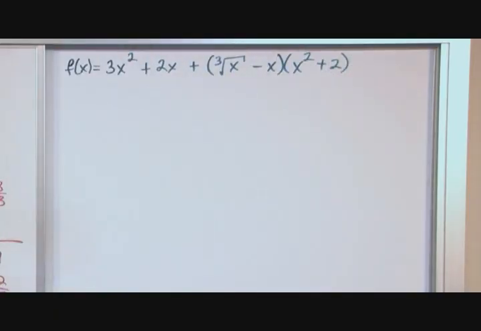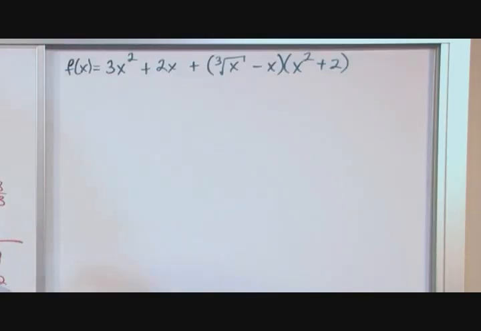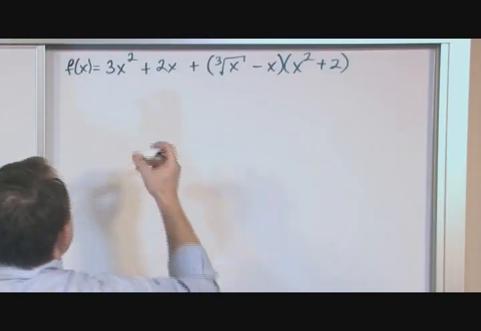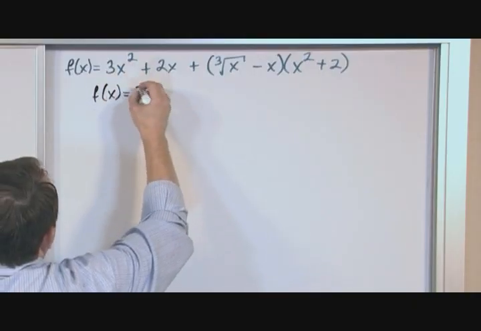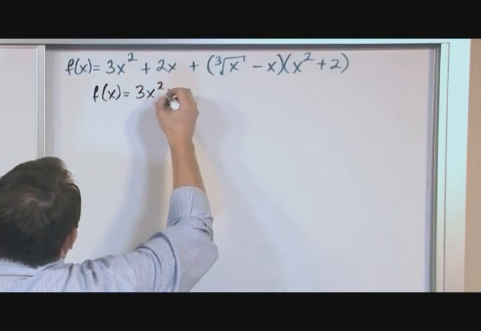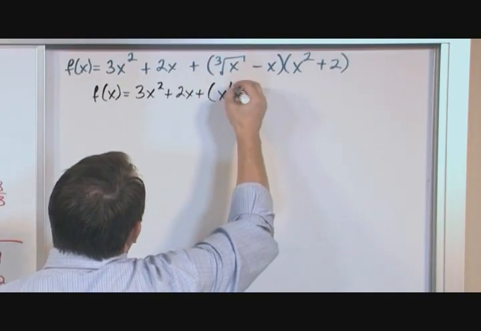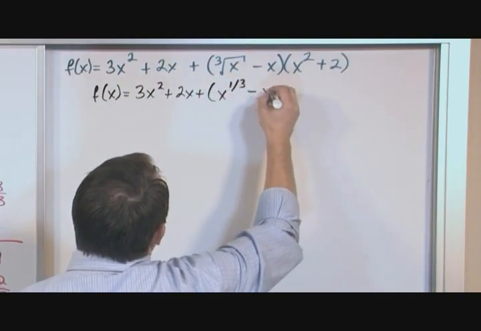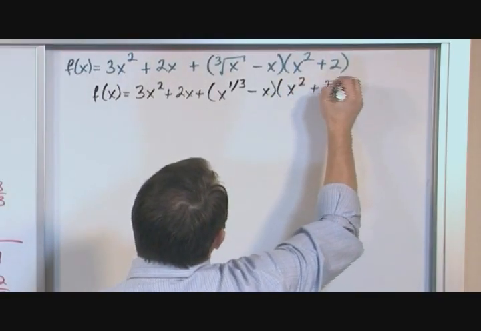So we want to take the derivative of this guy, but we've got an ugly cubed root. So I'm going to have you rewrite it. That's how I always do it. So let's rewrite it as f of x. All this stuff in the front is going to stay the same. 3x squared plus 2x plus x to the 1/3 minus x. Here we're going to have x squared plus 2.